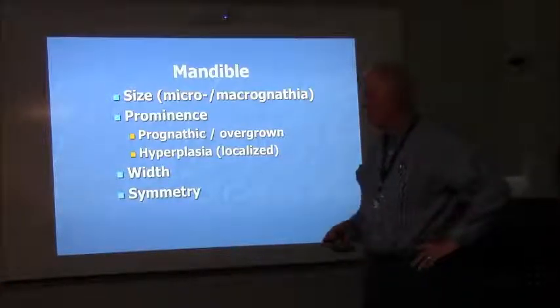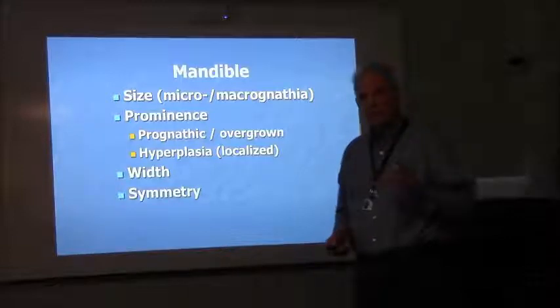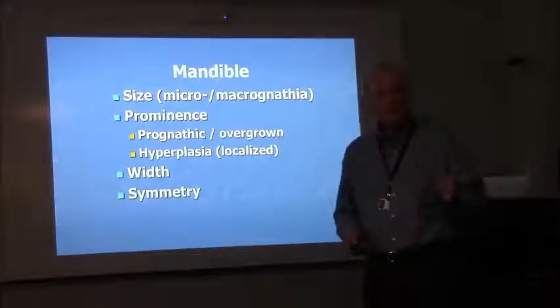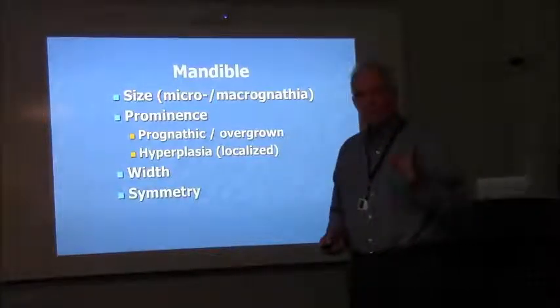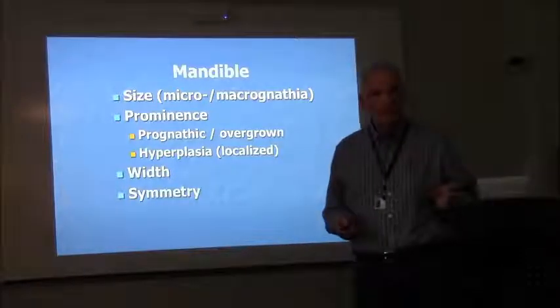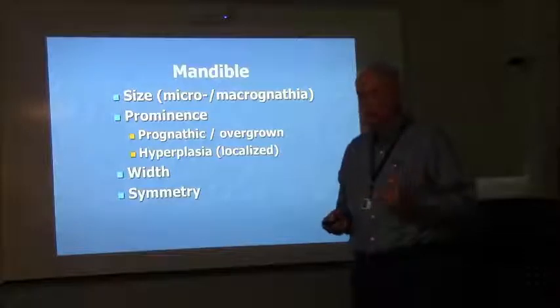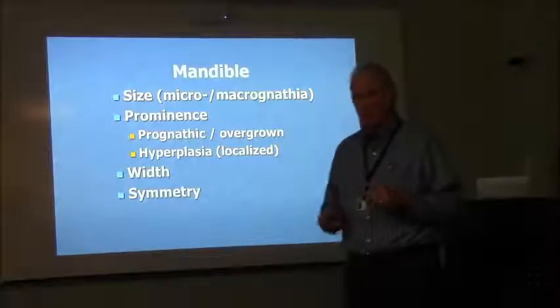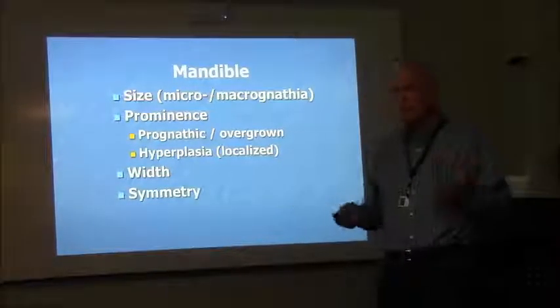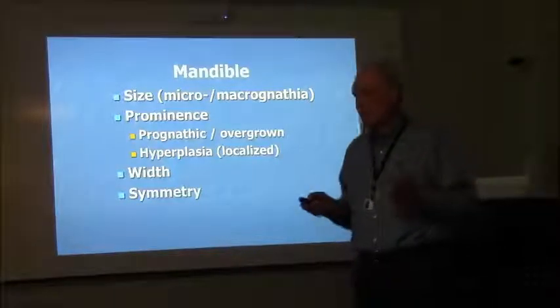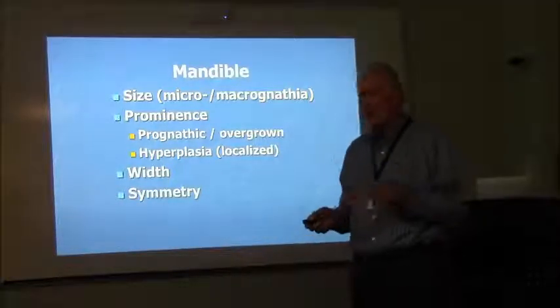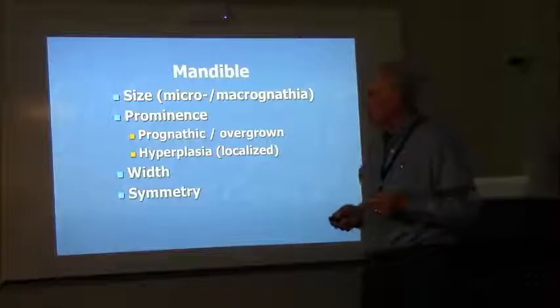The mandible, probably the least useful feature of all the ones we talked about, but the mandible is something that everybody looks at and pays great attention to, but it's not as useful as a lot of the other features because, first of all, it's very obvious. If it's big or small, there's usually not a big argument over that, although I can give you some examples where there is.